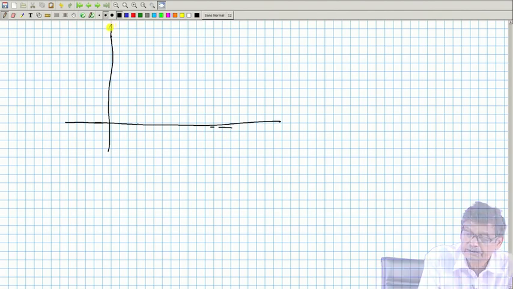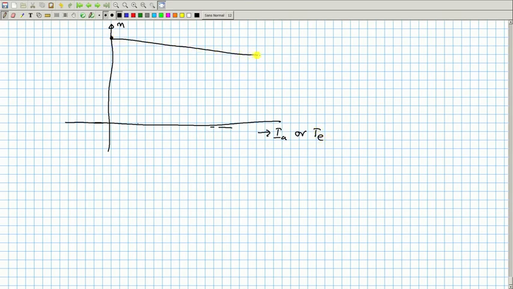This is the speed, this is IA or torque, that is fine. This is the no load speed, VA rated.